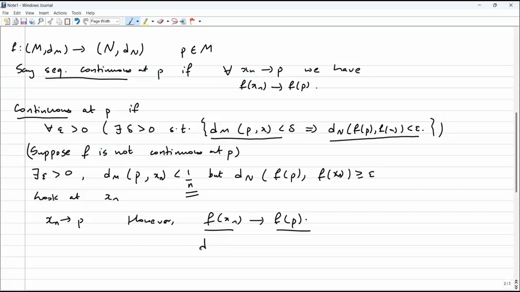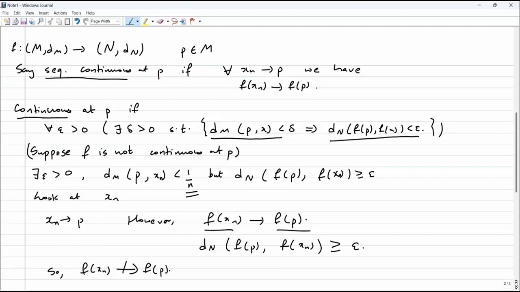However, we know that the distance between f of p and f of xn is always bigger than or equal to this epsilon. So no matter how far down we go, we won't be able to be smaller than epsilon. So f of xn does not tend to f of p.